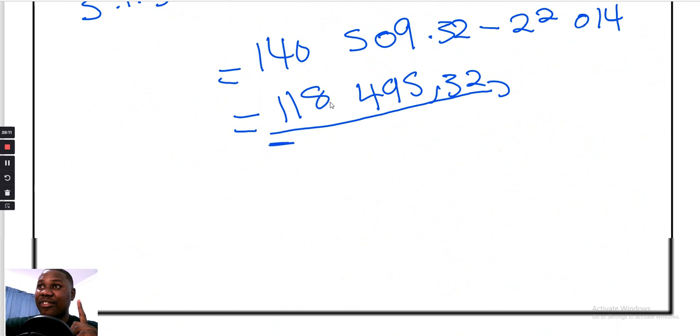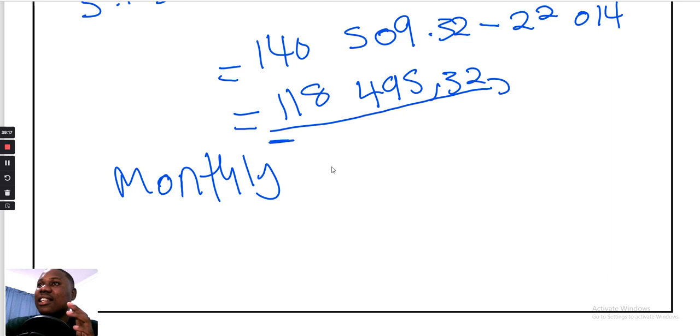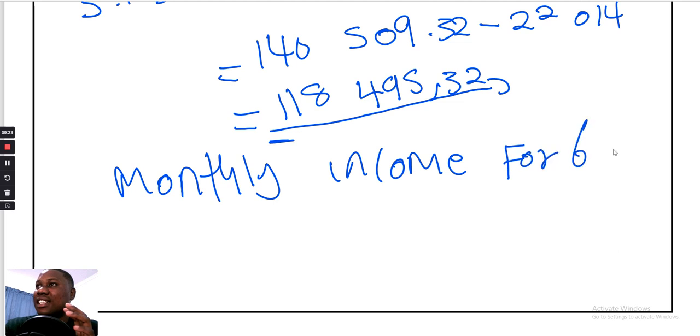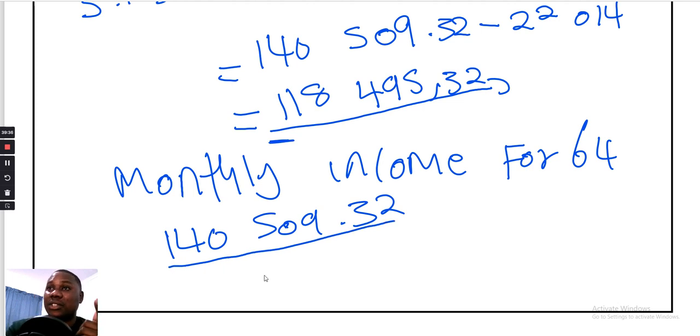So now we're going to start with the monthly income tax for 64. So that means we're going to say 140,509.32 divided by, because this is the annual income tax, we divide here by 12.